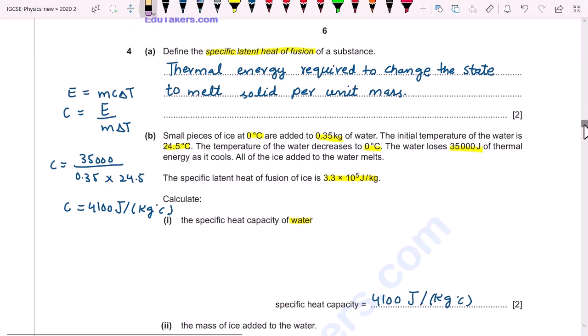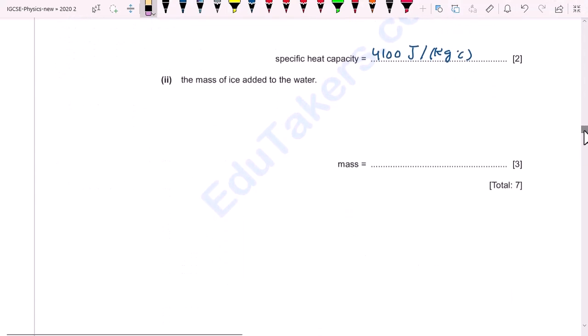So in the second part, the mass of ice added to water, we have to calculate the mass that is added to water. So we know that E is equal to mass and L. Here E is the product of mass and the latent heat of fusion.